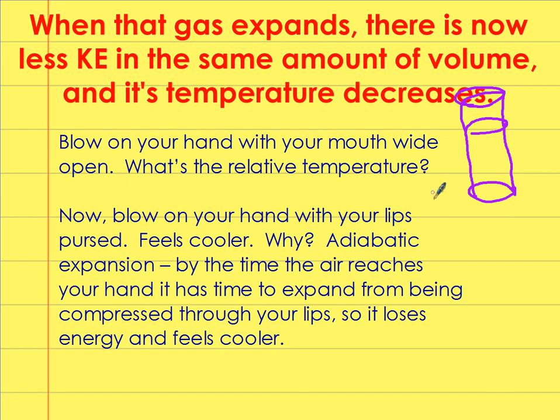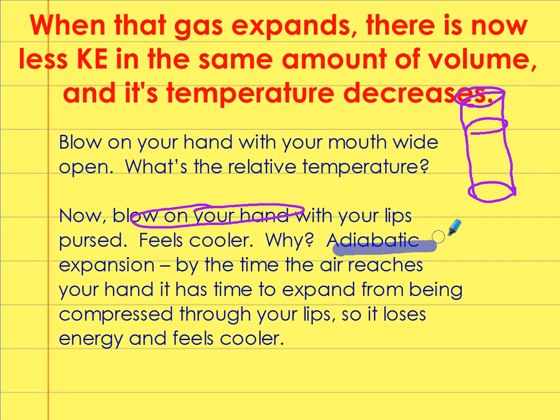Let's do an experiment. Blow on your hand with your mouth really wide, like you're trying to see if your breath is bad. All right. So blow when your lips are pushed, like you're blowing out a candle, and then with it open. Which one feels cooler? Well, when you're trying to blow out candles, it feels cooler. Okay, this is an adiabatic expansion.